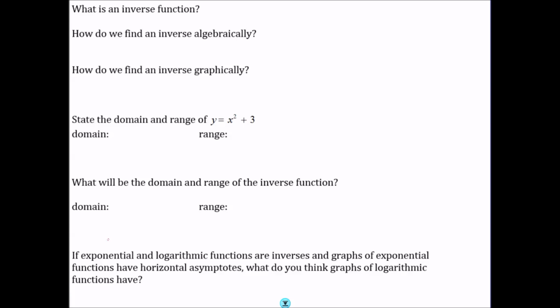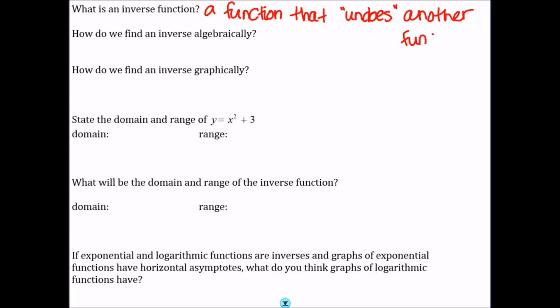Let's think back to inverse functions. We did inverses graphically at the beginning of the year. We did inverses algebraically at the beginning of this quarter. So an inverse function is a function that undoes another function. So how do we find an inverse algebraically?